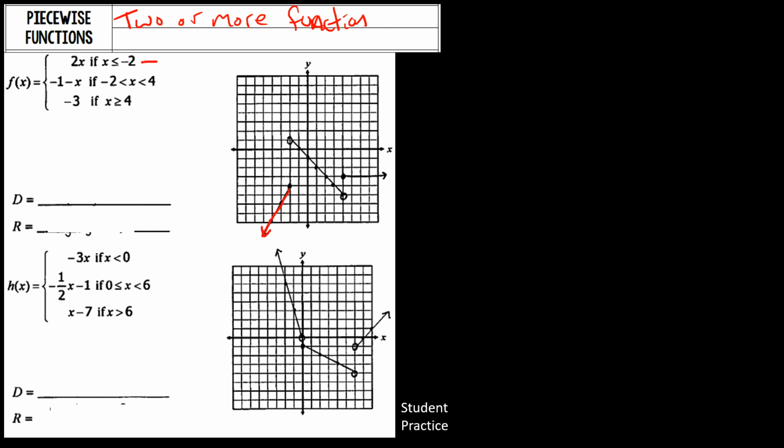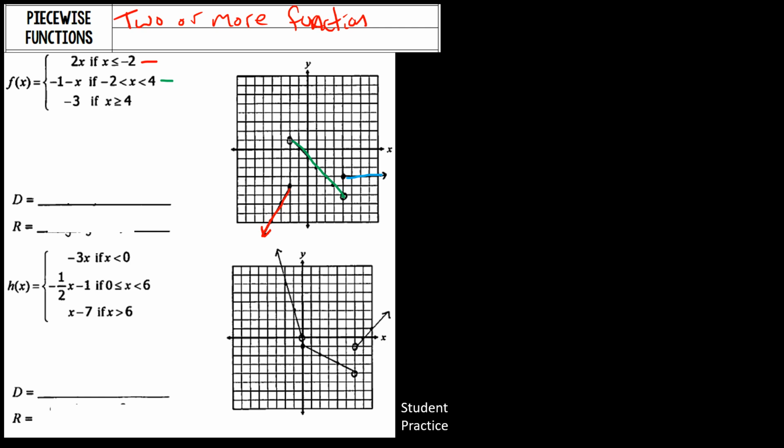The next line that we have is -1 minus x, when x is between -2 and 4. That's this line here in green. And then the last line is when f of x is equal to -3 when x is greater than or equal to 4. So that's what's happening here.